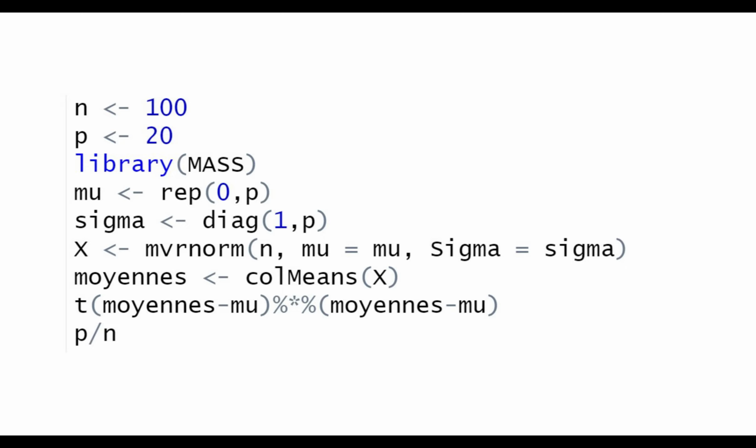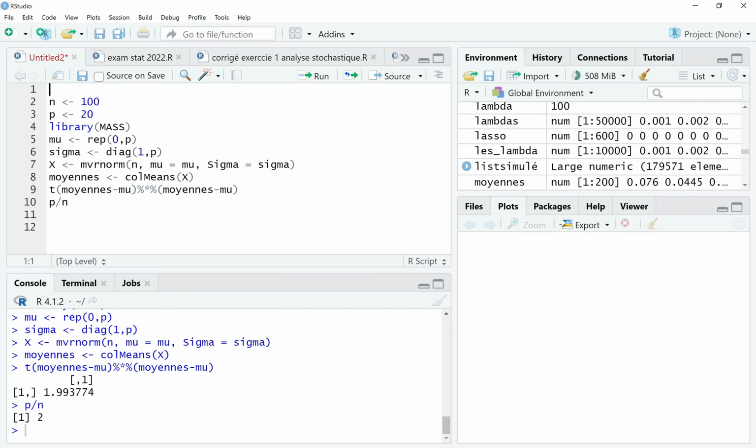We chose the standard normal distribution by setting the mu vector to all ones and the sigma matrix to the identity matrix, as our variables are going to be independent. We calculate the mean by using colMeans, and we calculate an approximation of the mean squared error, and we calculate the theoretical value that we obtained for this error.